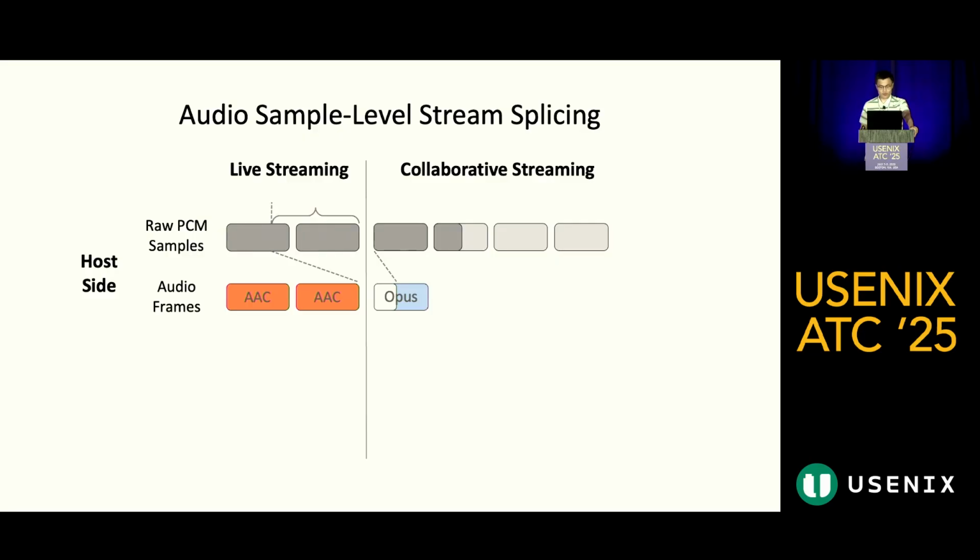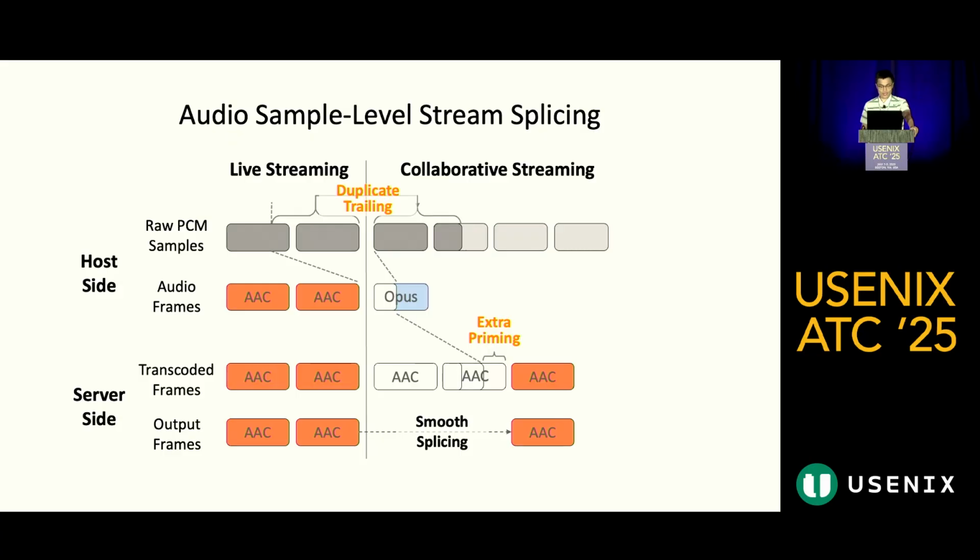First, to avoid discarding tail samples at the end of each streaming mode, we duplicate the tail samples at the host site based on the corresponding encoder delay. Then we add extra priming samples at the start of each streaming mode to make sure the final number of priming samples is divisible by the audio frame size.